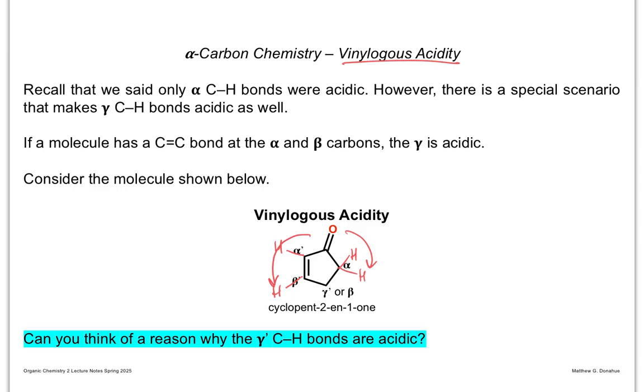And then when we meet that fifth carbon, depending on which way you go, either beta or gamma prime, those hydrogens, even though they're beta one way, they're gamma the other way, those are actually pretty acidic as well. And so we can think of a reason why that is. So let's ask a question here.